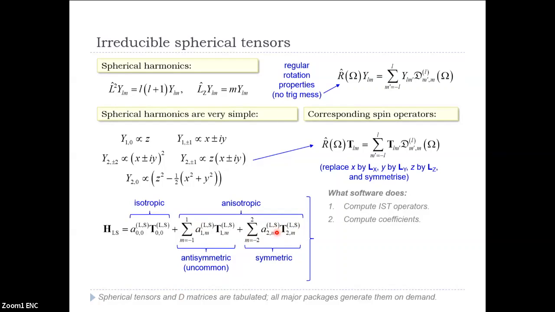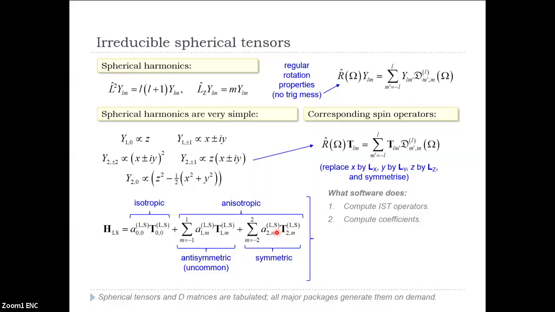The only thing you need to specify are understandable things, like what is the chemical shift, what is the chemical shift anisotropy, what are the Cartesian coordinates of the atoms. It is the job of the software to take those coordinates, to work out the dipole tensor, to expand the dipole tensor in those irreducible spherical tensors, and take all the pain out of this picture.